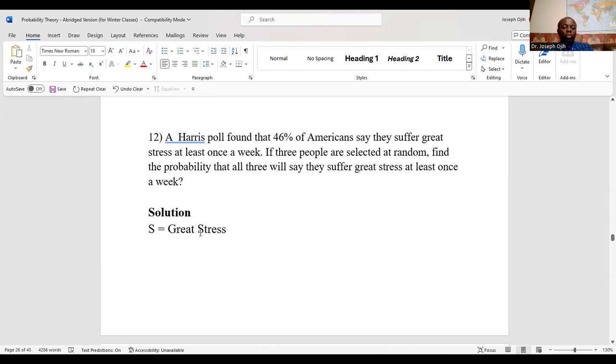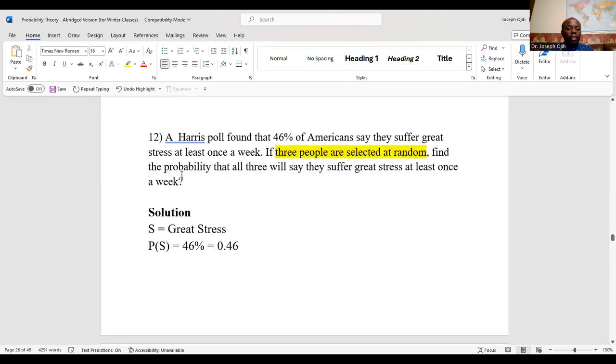So let's use S to mean suffer great stress. We are told that 46% of Americans say they suffer great stress. That means P of S equals 46%, which is 0.46. Now, you see that 3 people are selected at random.